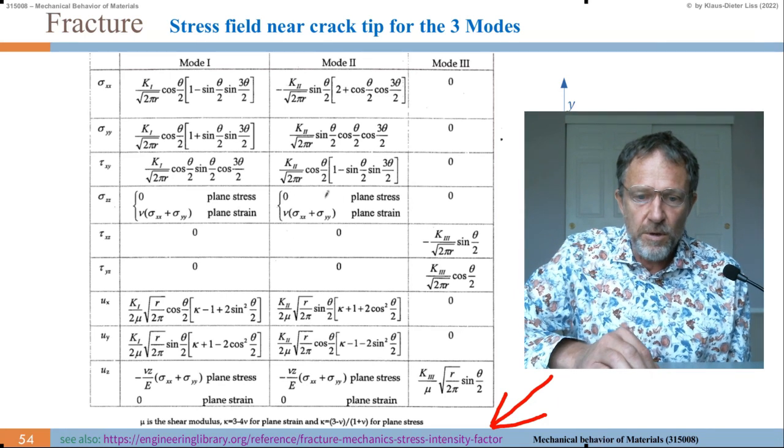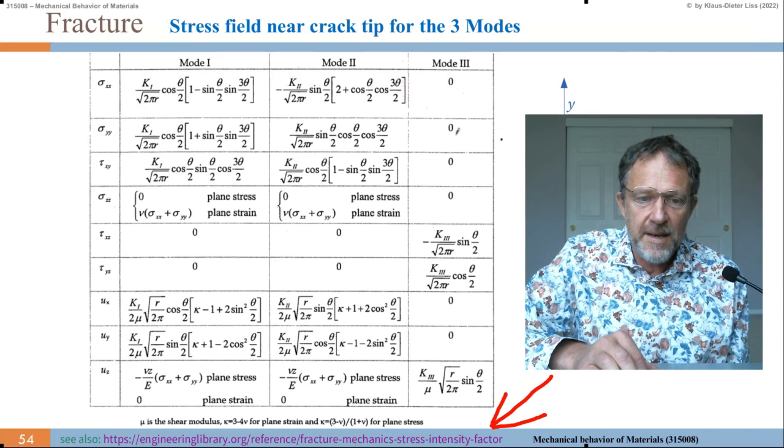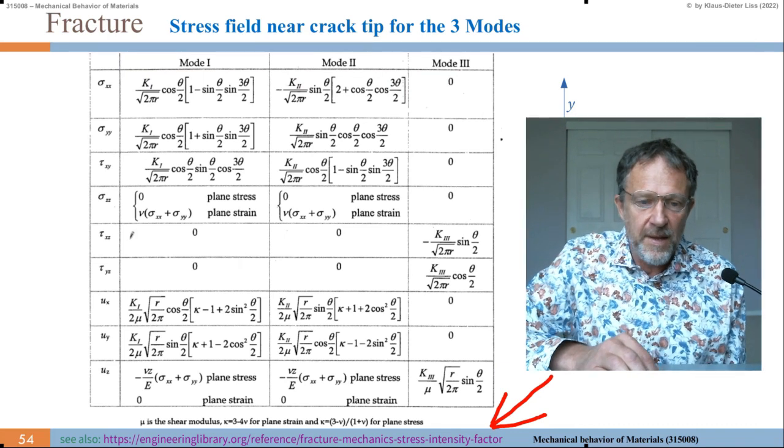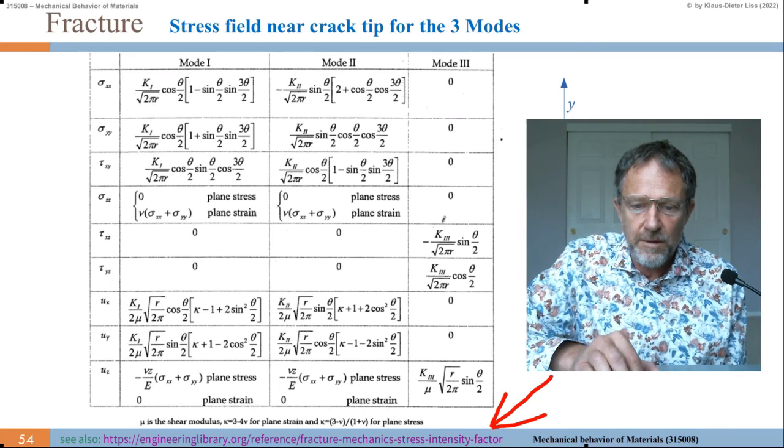For the mode 2, we get according equations which you can look up and plot. And for the mode 3, all these sigma xx, yy, and shear components xy and zz are 0. And we only have shear in the xz and in the yz directions given by those two equations.